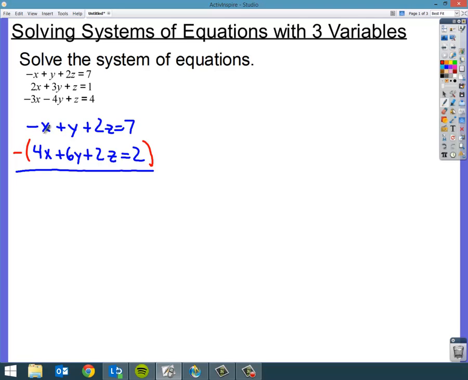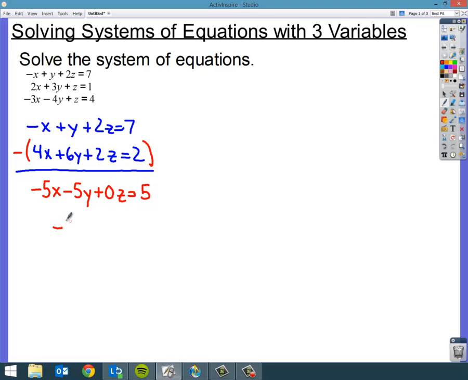So I've got negative x minus 4x to give me negative 5x. And then I have positive 1 minus 6 for minus 5y. The z's cancel out, so I have 0z, which is what I wanted, and 7 minus 2, I get 5.